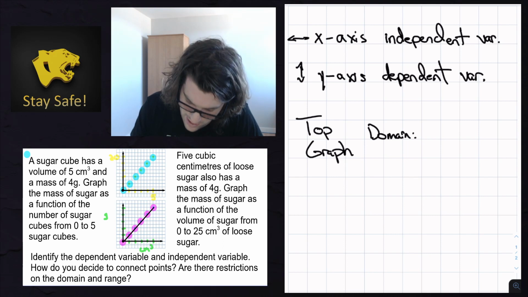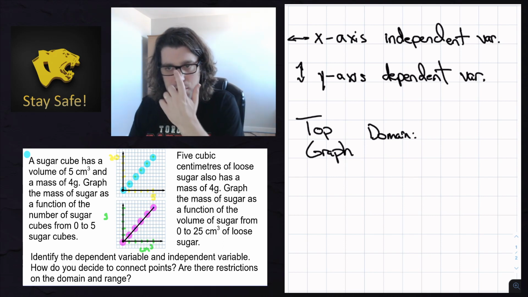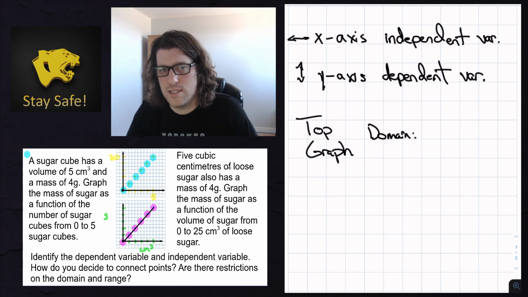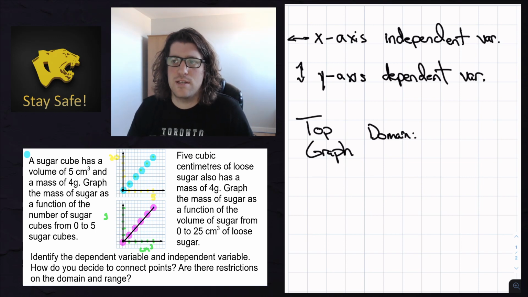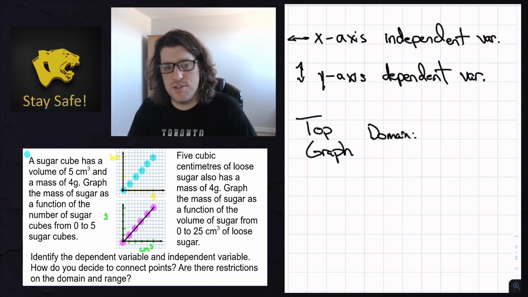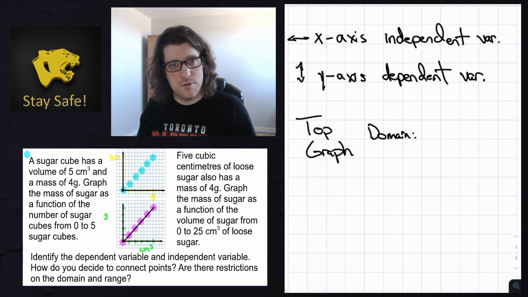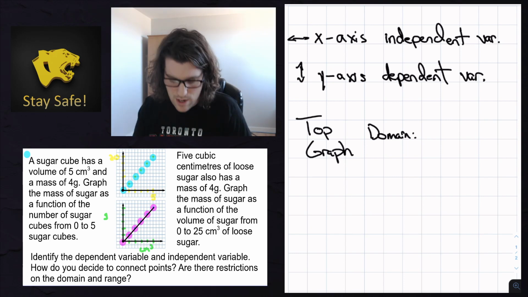Now, when I go to write my domain, if you choose to follow the way that the textbook does it, that's okay. The textbook does it in a little bit of a relaxed way. I'm going to use something called set builder notation. In set builder notation, instead of just listing out the values, I'm going to put some little things around them.